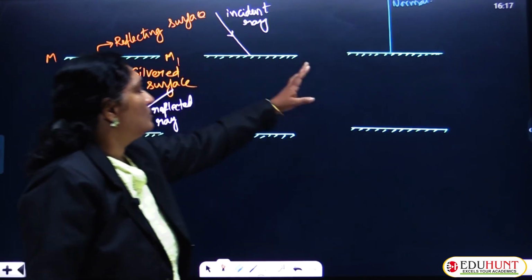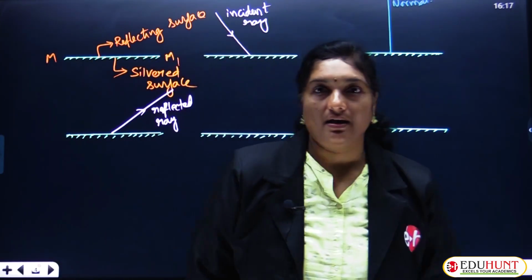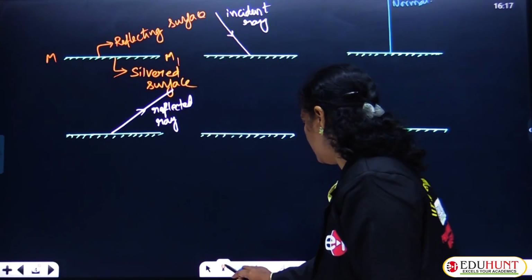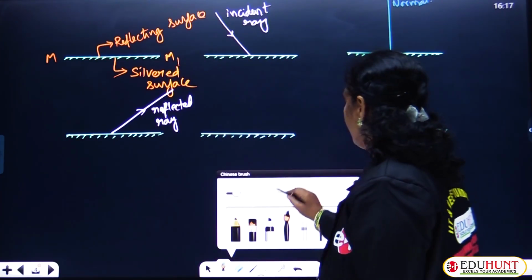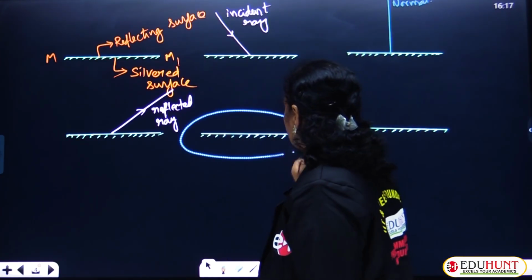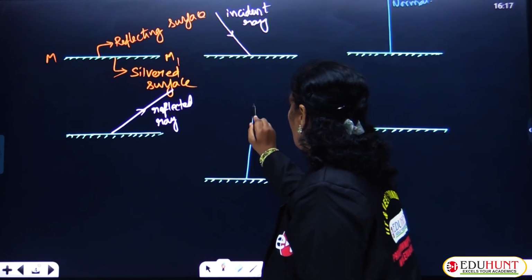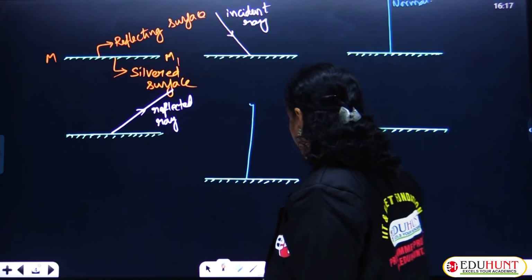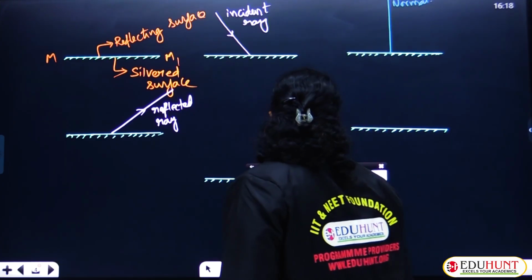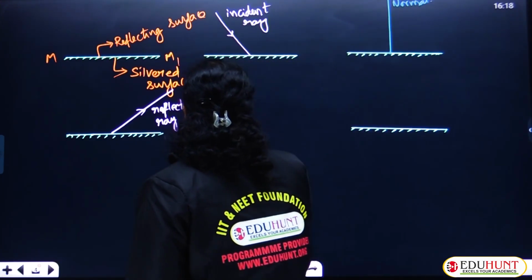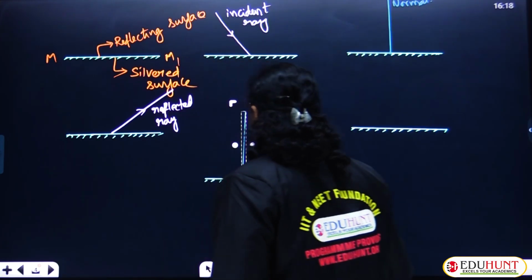Let us try to draw all three in one diagram. So here we go. What is this, children? This is a normal drawn to the surface.